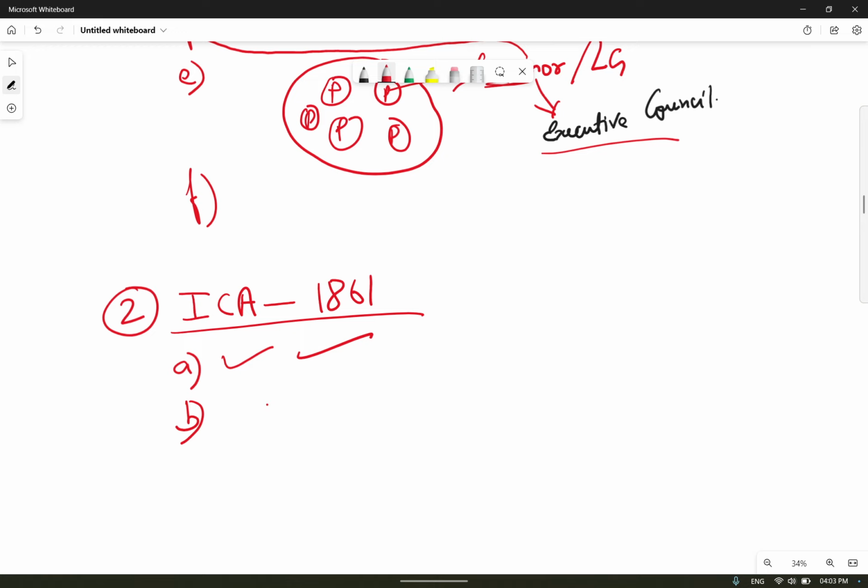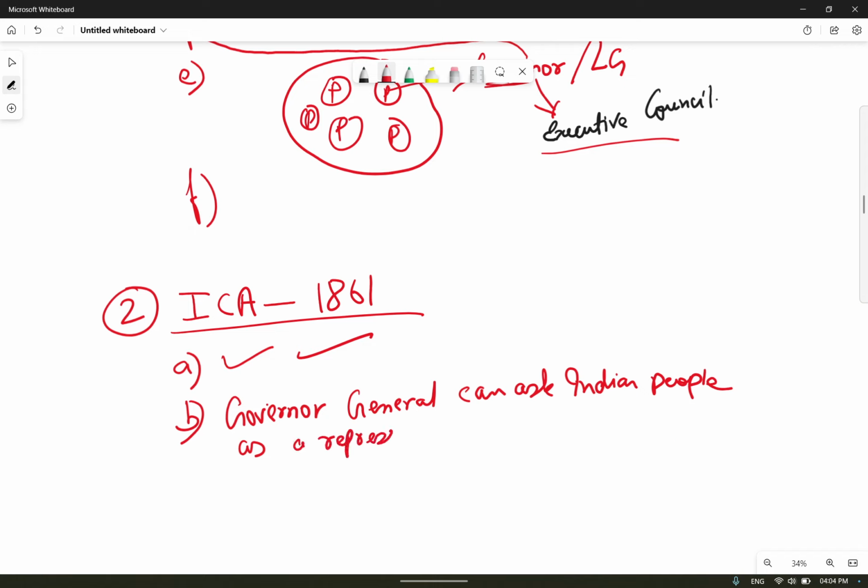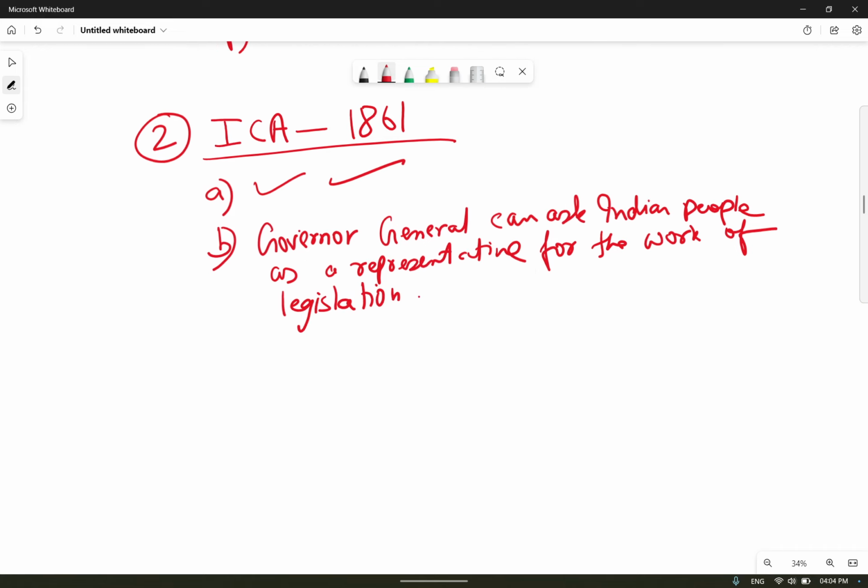So now the Governor General will have the power to ask Indian people to act as representatives for the work of legislation. Whatever laws were going to be made, they would include Indian people also in that.